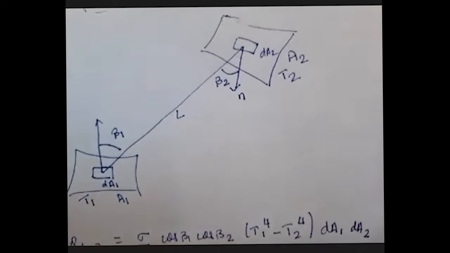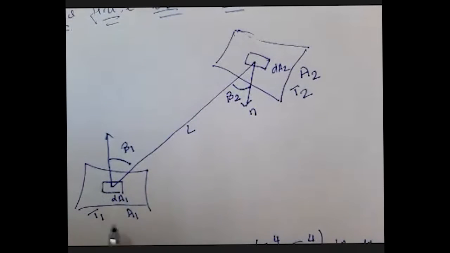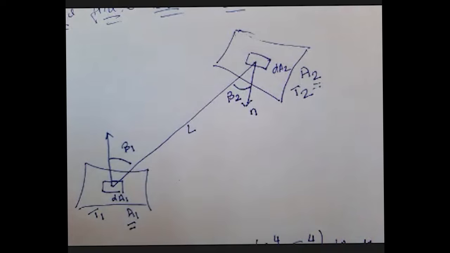Instead of a small elemental area, we have a large finite surface, and that surface area I'm going to take as A1 and A2.